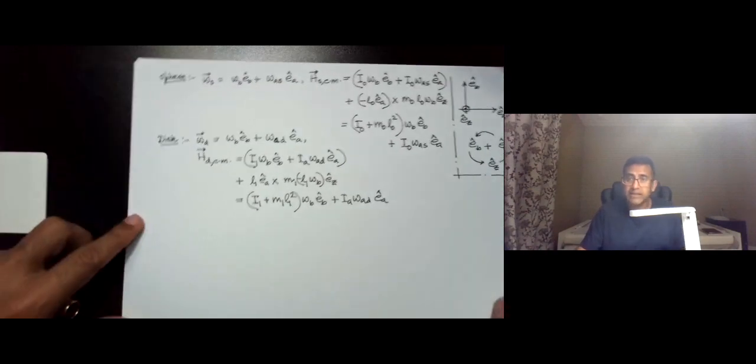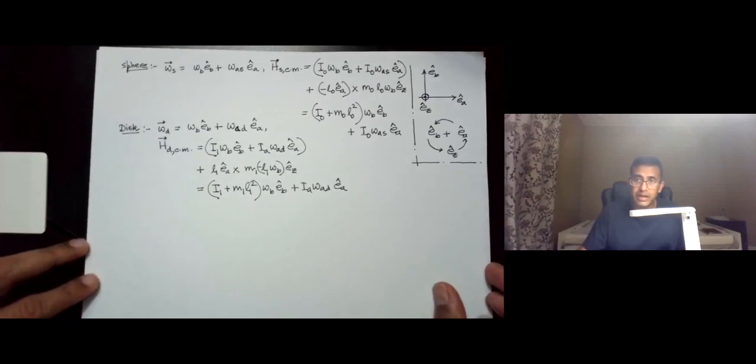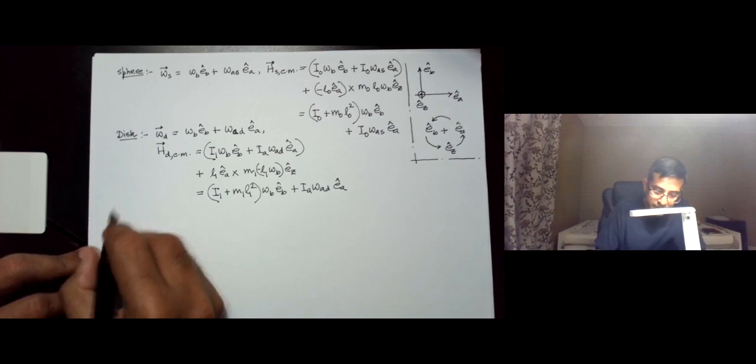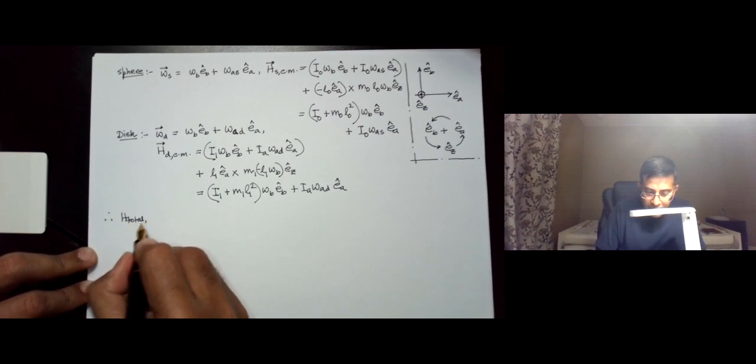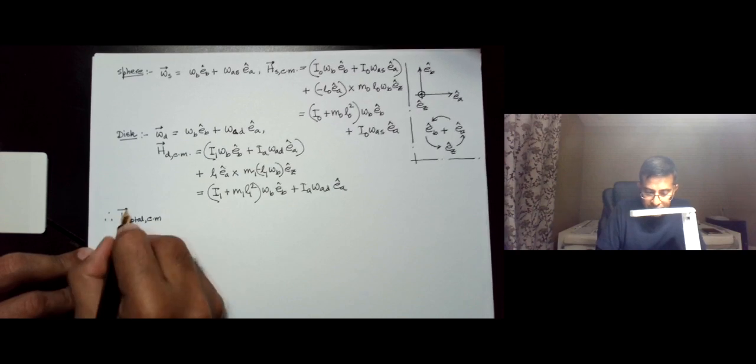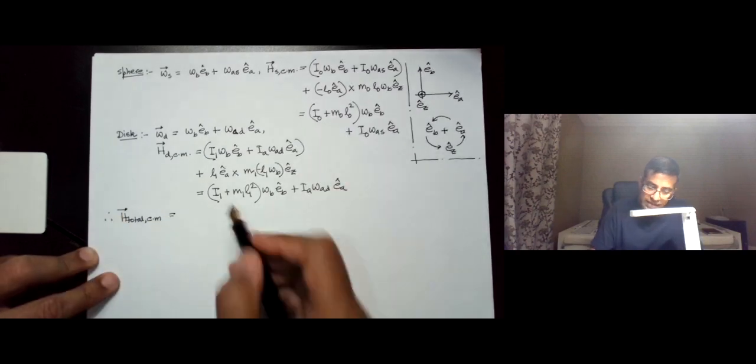Now let us add the two together because we need the angular momentum of the assembly. So H total about the CM is equal to, let's add these.